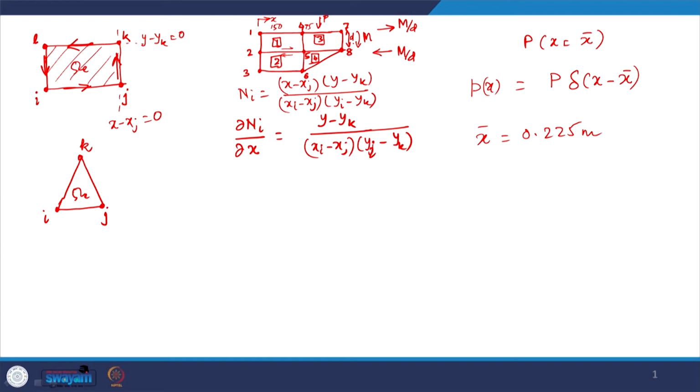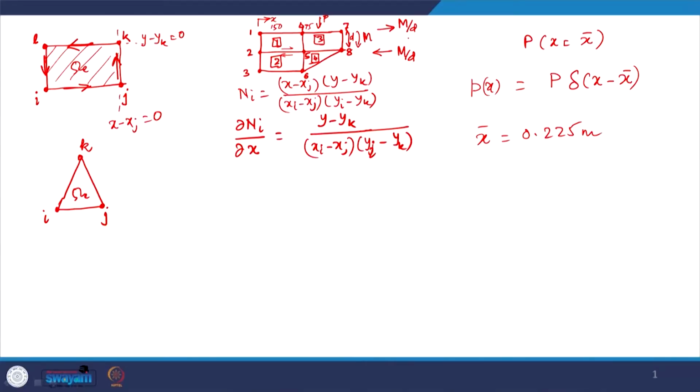So, while analyzing for moment, we need to convert it into an equivalent couple that would be a pair of concentrated loads separated by a distance d. In this case d is the depth of this element, and these would then be treated in the same way as this Dirac delta function for this traction in y direction.